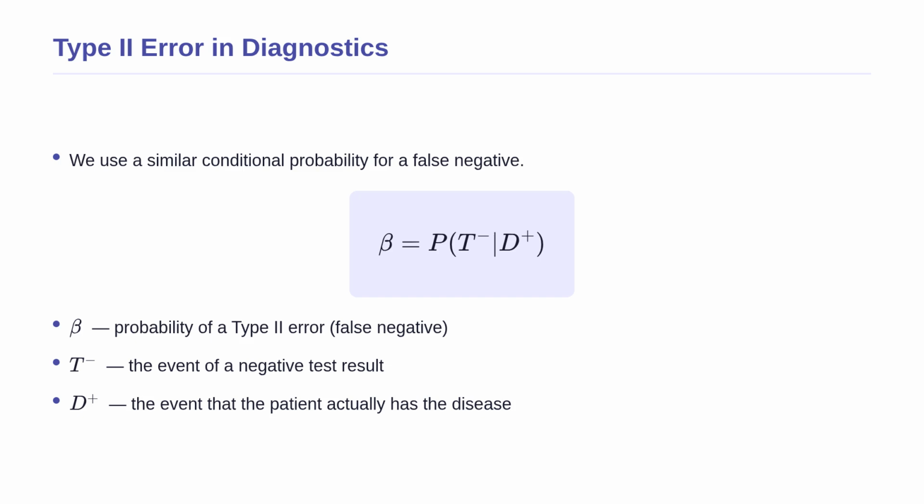In this expression, T- represents a negative test result, and D+ indicates that the patient actually has the disease. This formula calculates the probability of the test failing to detect the illness when the illness is truly present. Just like in our drug trial, this false negative rate is a critical metric for evaluating how safe and effective a medical test is for the general public.